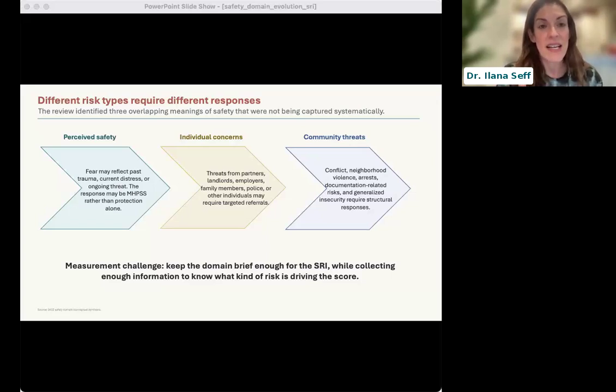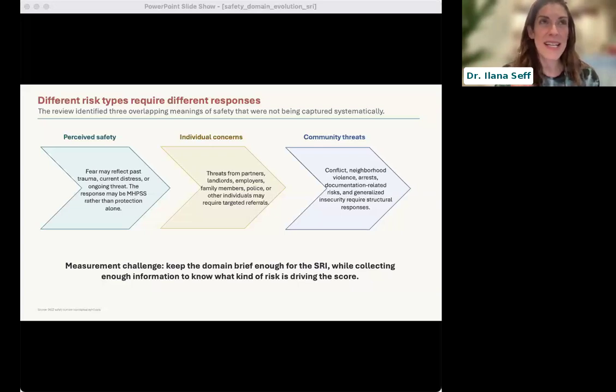We also had a lot of individual concerns. So threats from landlords, from partners, family members, harassment, assault, that really would probably require a targeted protection referral. And then the last category we saw was just general community level safety concerns.